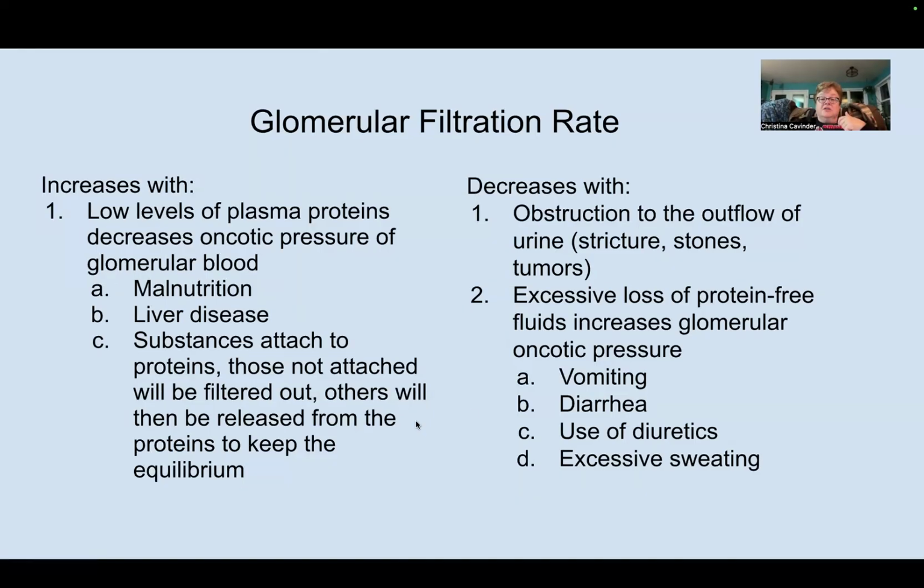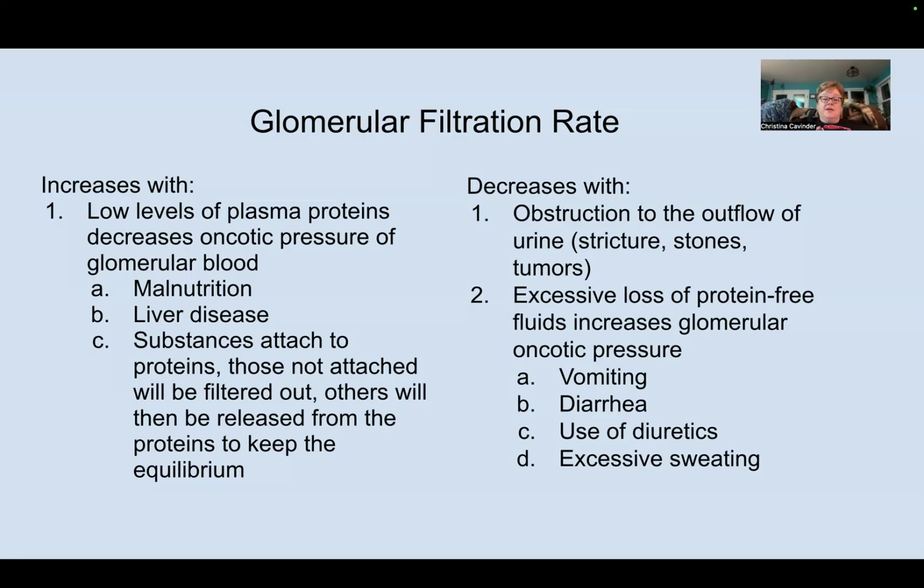All right, so the glomerular filtration rate is something that you'll hear about as a nurse practitioner. This tells you whether you can give certain medications or certain treatments, or how bad the kidney damage is. The glomerular filtration rate is the rate that the fluid in the glomeruli filters into the Bowman capsule.